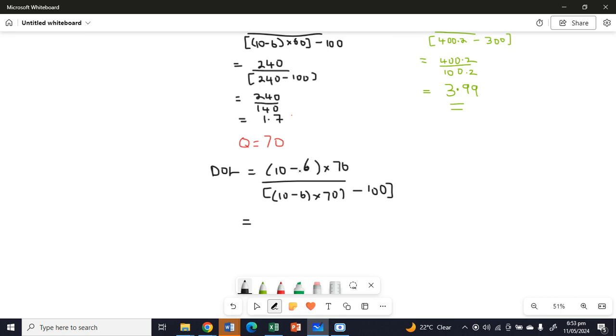So 10 minus 6, that is 4. 4 times 70, that is 280. Divided by 280 minus 100.